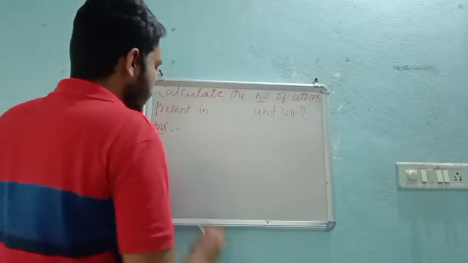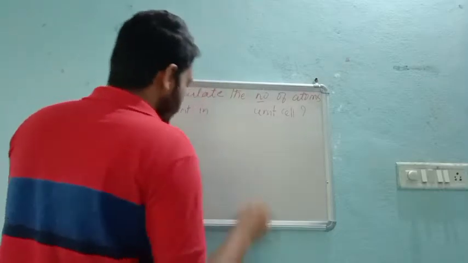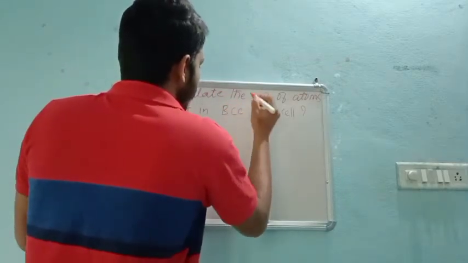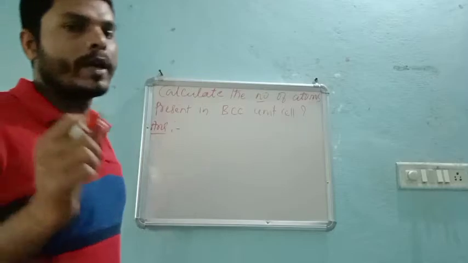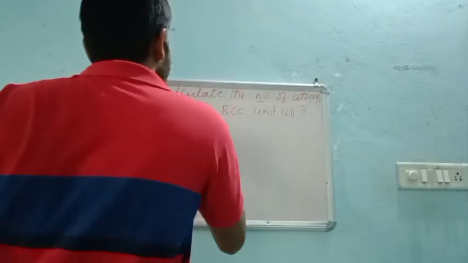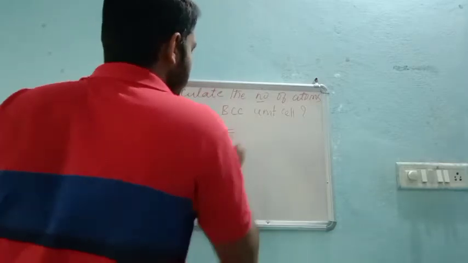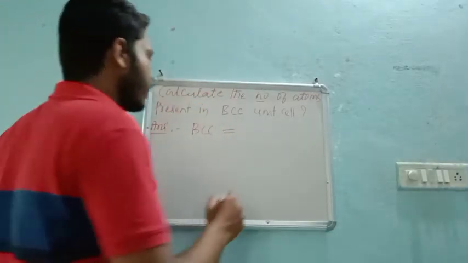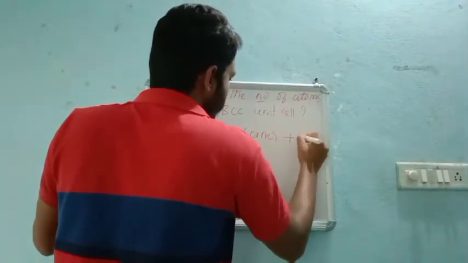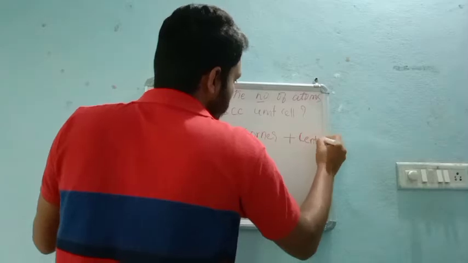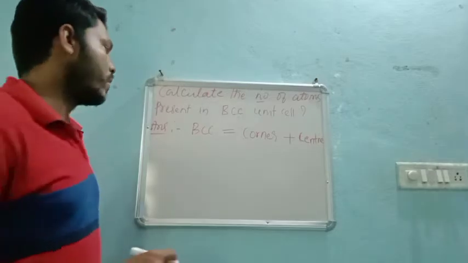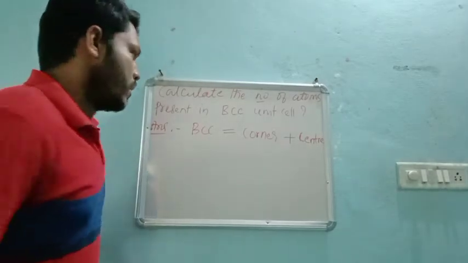So now we will see the number of atoms in BCC. To calculate the number of atoms in BCC also, we require the definition as well as the contribution. BCC means, as we already saw, if the constituent particles are present at a corner as well as at the center of the body, then that type of unit cell is called BCC.